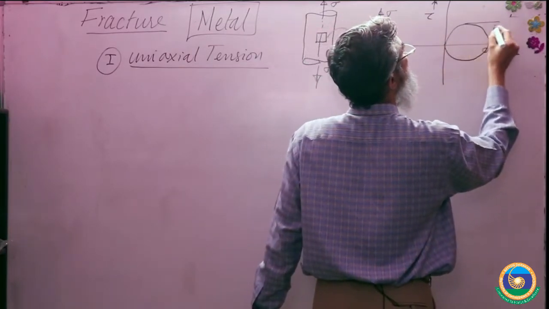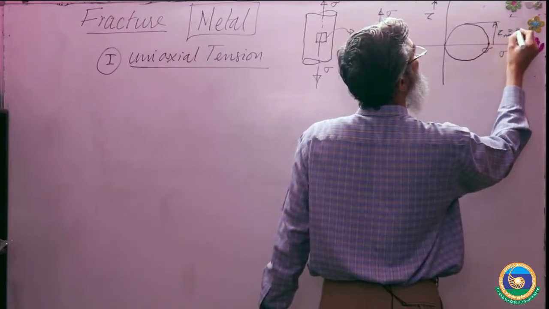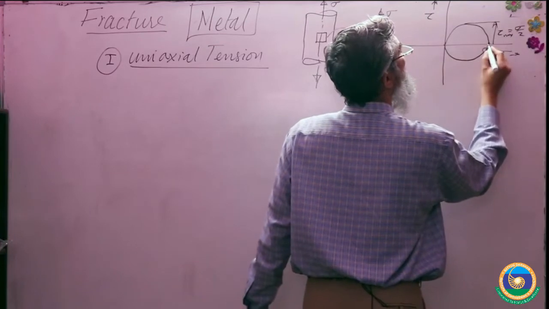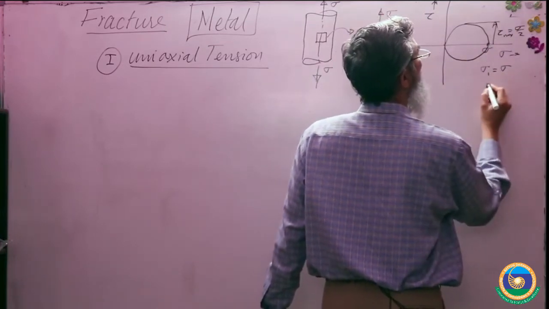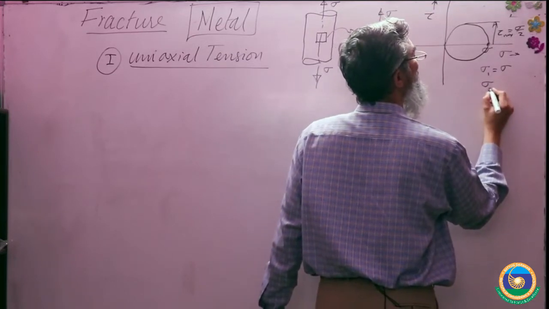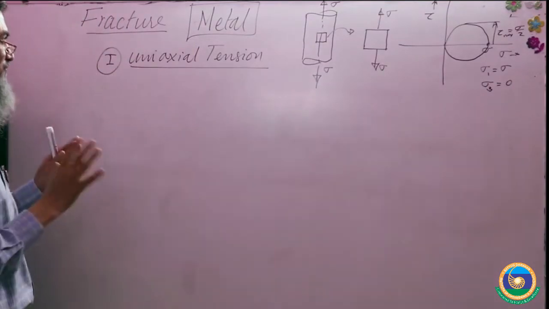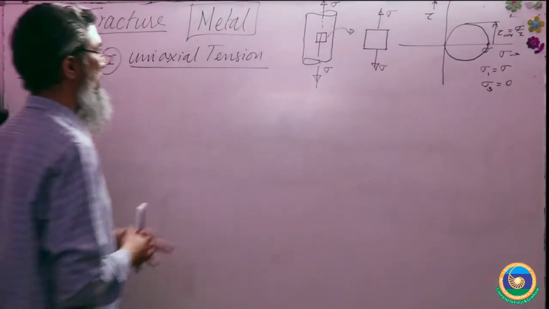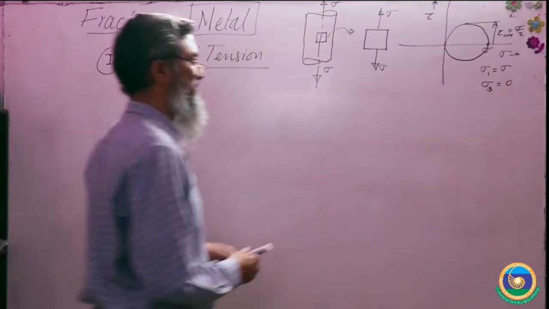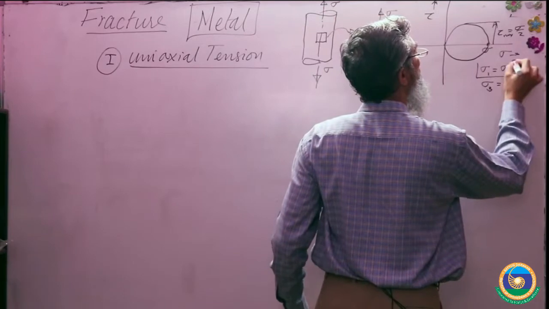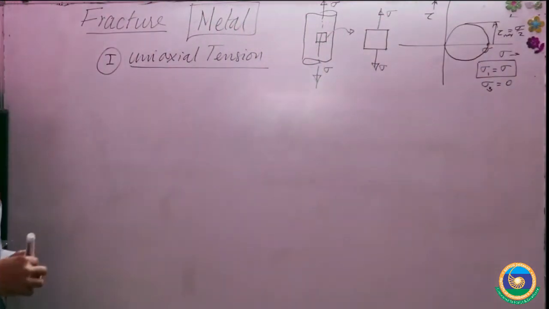The maximum shear stress in this case is tau max, which is equal to sigma by 2, and the first principal stress sigma 1 is equal to sigma, and the minimum principal stress is 0, right? So when you apply tensile stress, you have the maximum principal stress as sigma, minimum as 0, and maximum shear stress as sigma by 2.